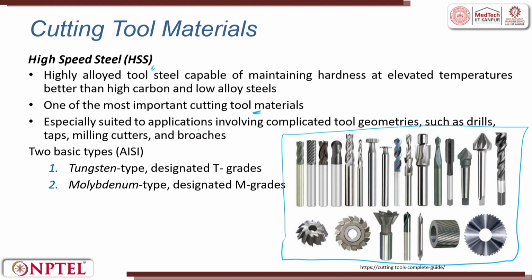It is especially suited for applications involving complicated tool geometries such as drills, taps, mills and broaches, so we always use it. When we talk about tungsten and molybdenum types, they are T grades and M grades. So, in HSS itself we have T grades and M grades.